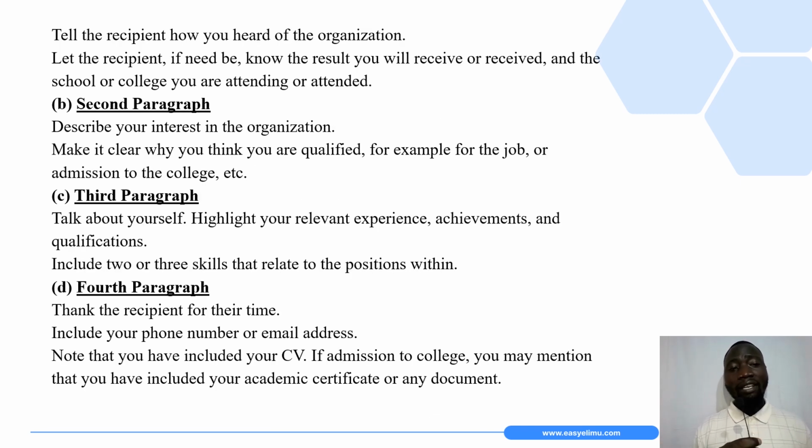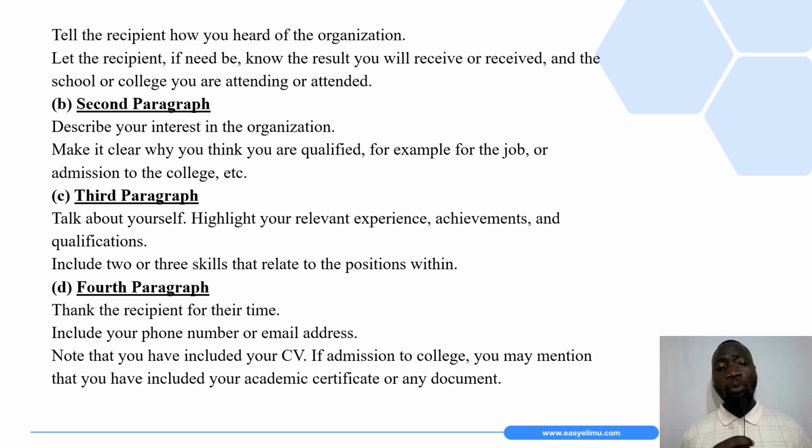So the next step, still in the first paragraph, tell the recipient how you heard of the organization. Then after that, let the recipient, if need be, know the result you will receive or received at the school or college you are attending or attended.